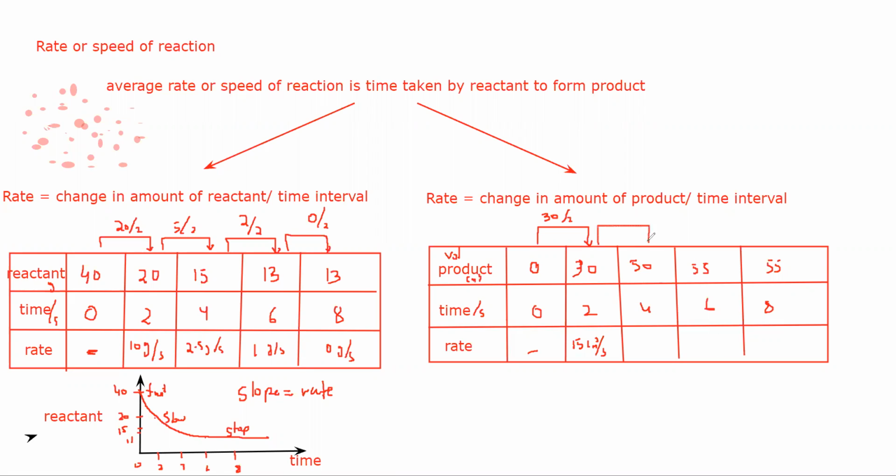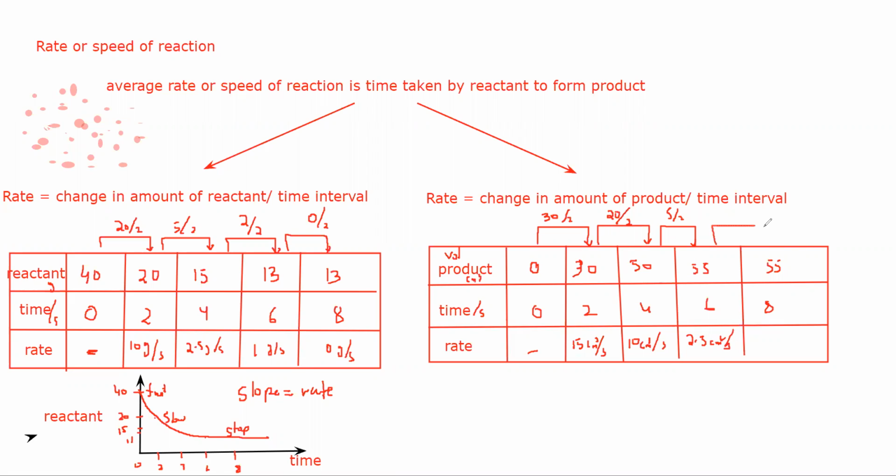It is 30 becoming 50. So what is the change here? It's 20, and the time interval is 2. So the rate is equal to 10 centimeter cube per second. Then 50 becomes 55, so that's 5 divided by 2, which is equal to 2.5 centimeter cube per second.